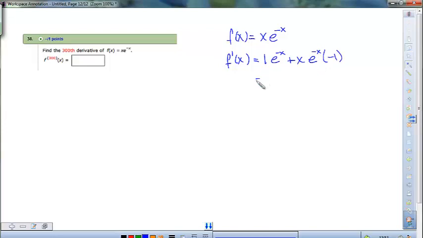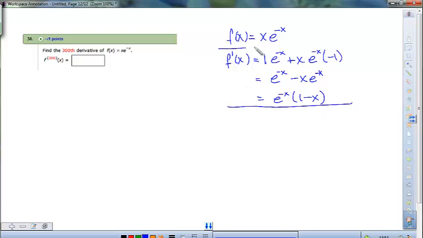So here, I would like to simplify this. It looks like e to the negative x minus x e to the negative x. And maybe do one more simplifying, see if I factor out an e to the negative x here. Alright, that's our first derivative.